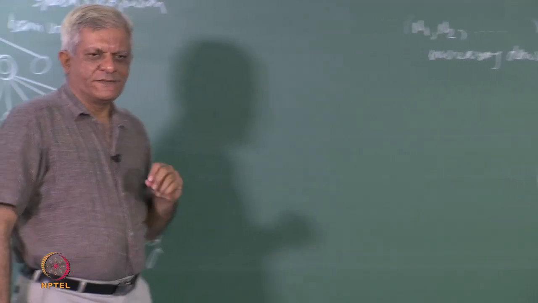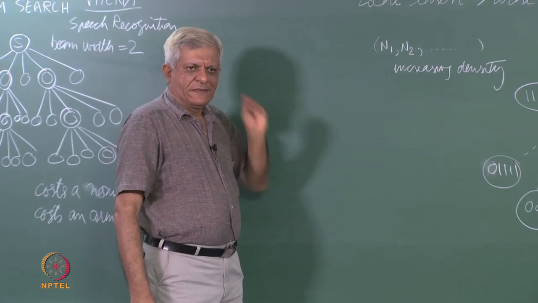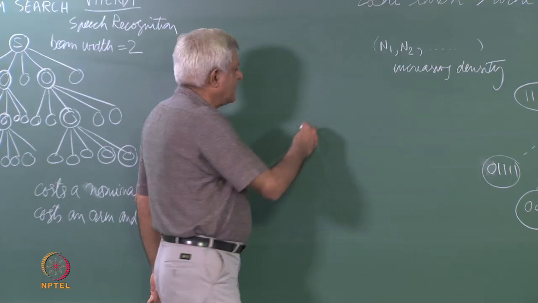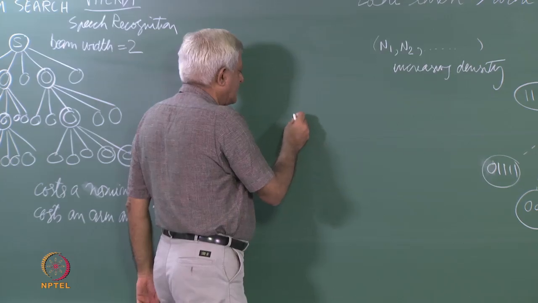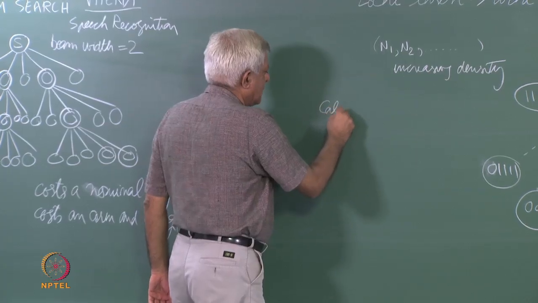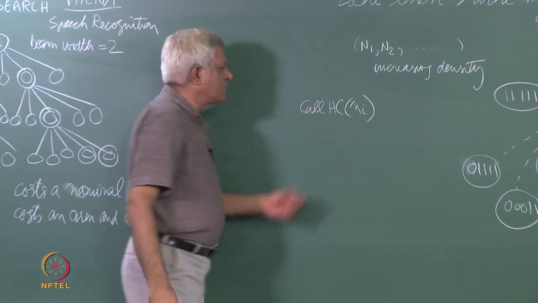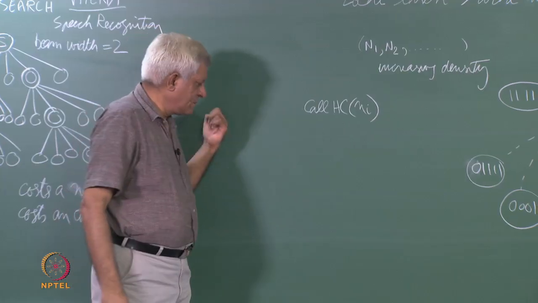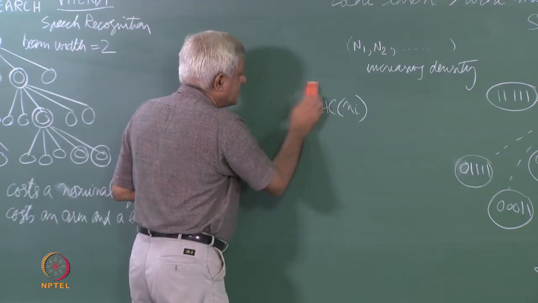The algorithm is simple: you have access to a set of neighborhood functions and you do the following. So, I will just write it very briefly. We just say hill climbing.